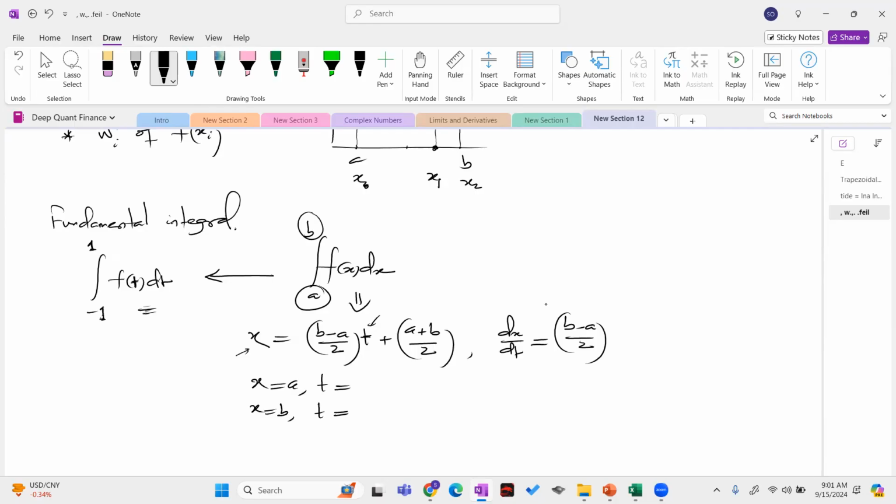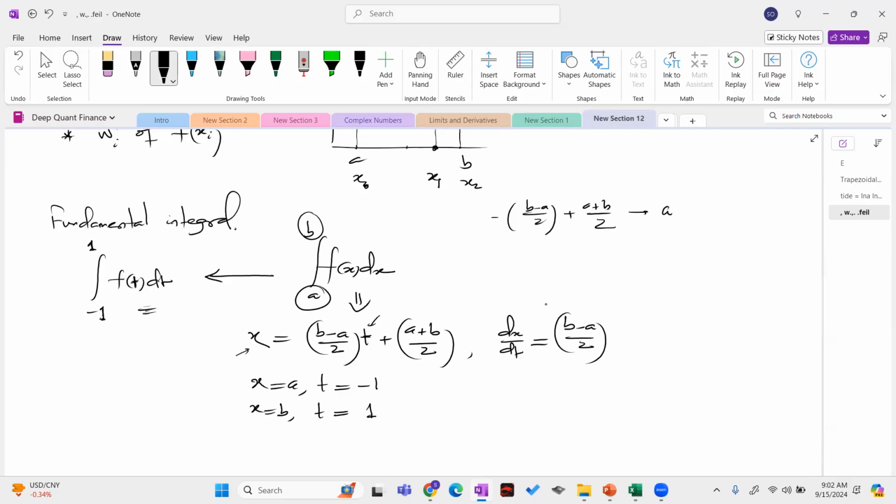You can do it on your own, but let me give you the number. t is actually -1. It's probably easier to put t equal to -1 and verify. So if you put t equal to -1, what happens? You get minus (b minus a) by 2 plus (a plus b) by 2. That leads to a, correct? a by 2 plus a by 2. If you put t equal to +1, you can clearly see that a by 2 will get cancelled. You'll get b by 2 plus b by 2, which is b.